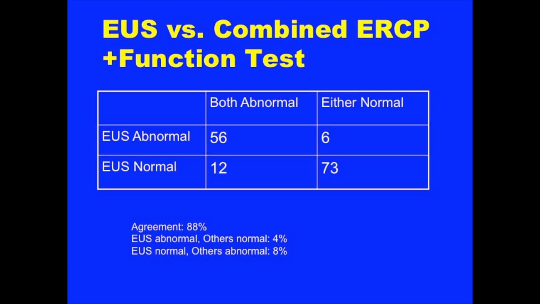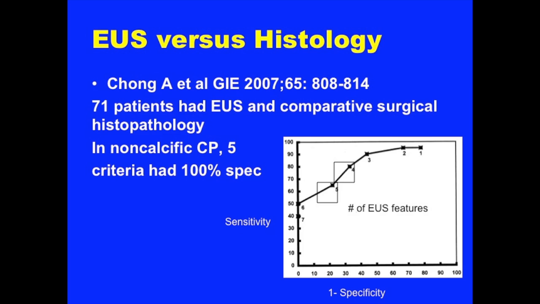In non-calcific chronic pancreatitis, 5 criteria were needed to have the highest specificity, and that was 100%. Dr. Marty Freeman shared with me an abstract that he has that suggests that in his patients undergoing transplant the ERCP may not function at that level, and I'll be interested to see that at DDW hopefully.